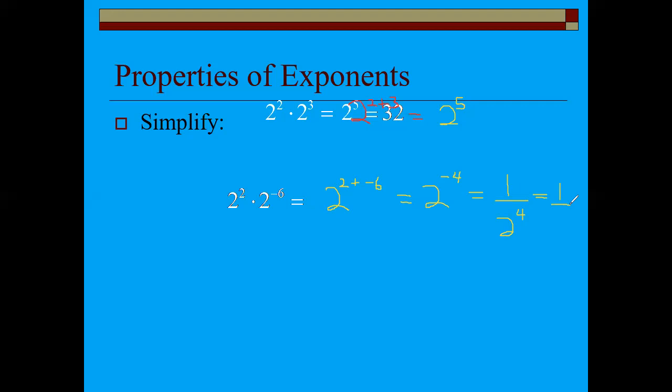It will give us 16. Exactly, 2 times 2 times 2 times 2. So that gives us 1 over 16. Okay. Let's look at another example.